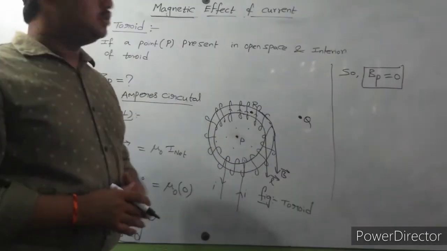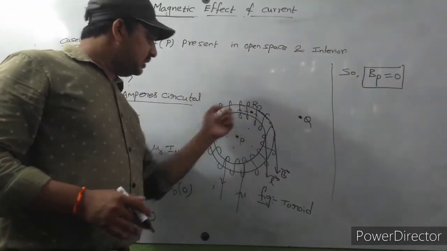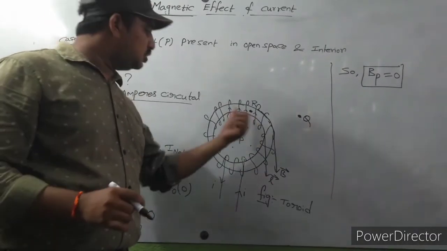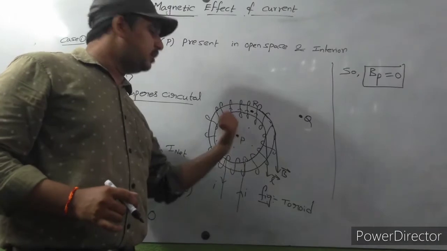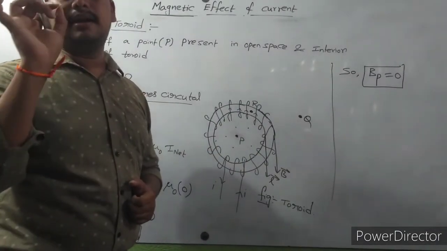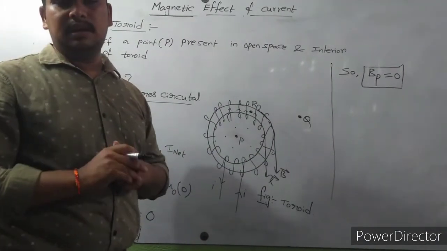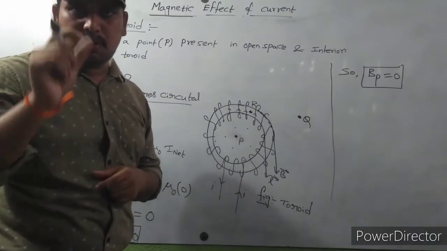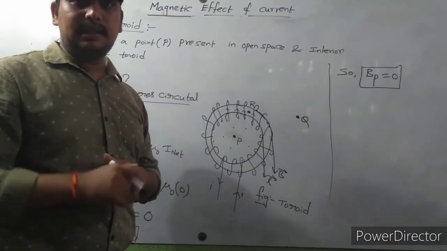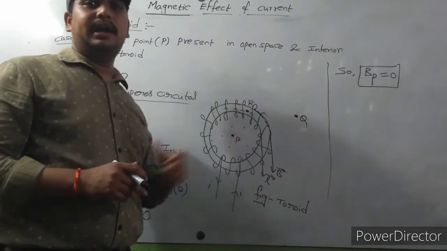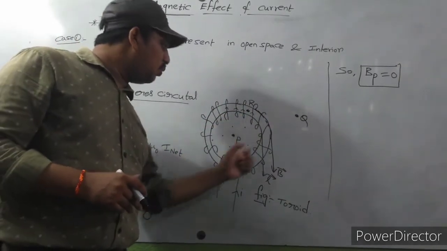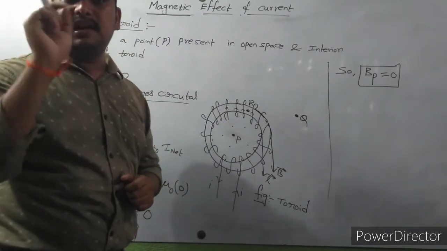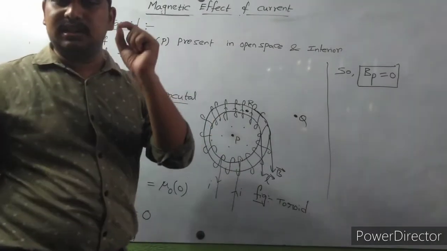Wherever it may be, the point belongs to open space and the interior part of toroid, definitely the magnetic field is equal to 0. Again I repeat, please observe carefully. If any point lies in the interior of toroid and is present in open space, definitely the magnetic field at that point is equal to 0.